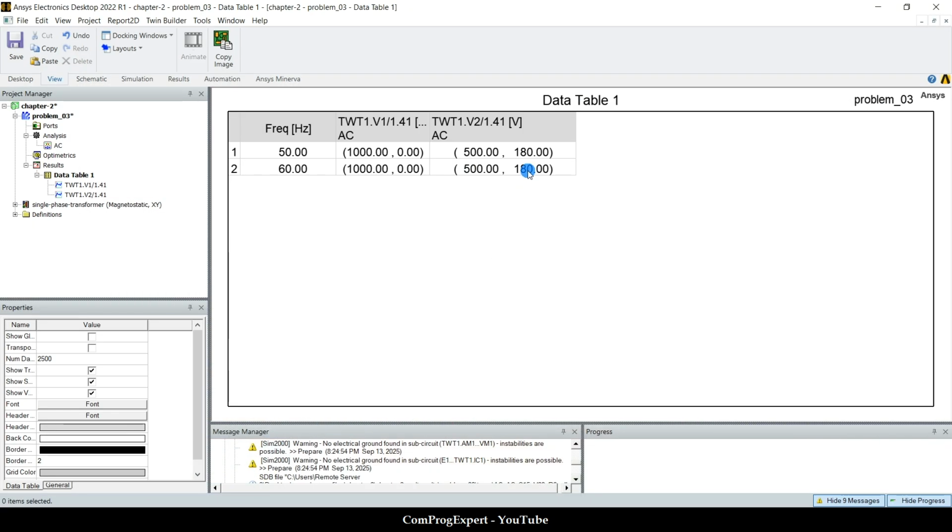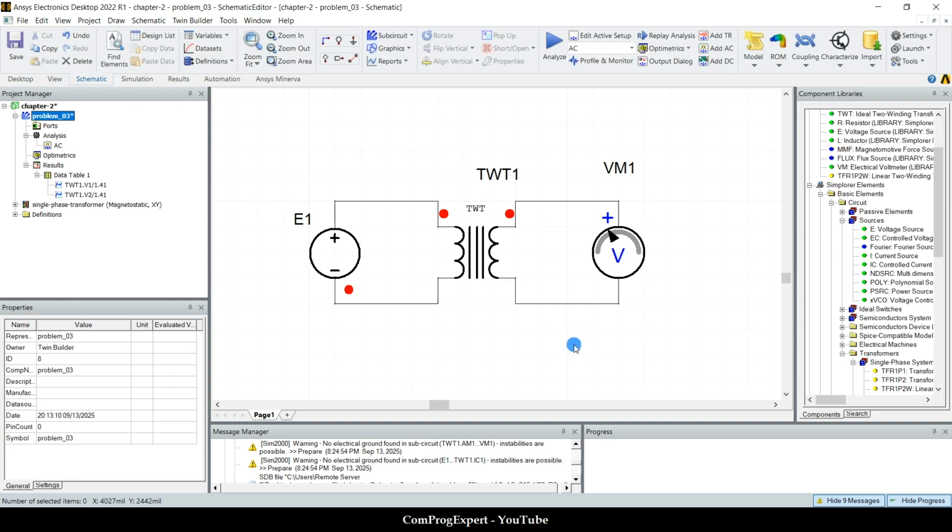And let's check the angle. This is the angle of V1, 0, but the angle of V2 is 108. Yes, we have a 108 degree phase shift between V1 and V2. So what is this and what is the reason?